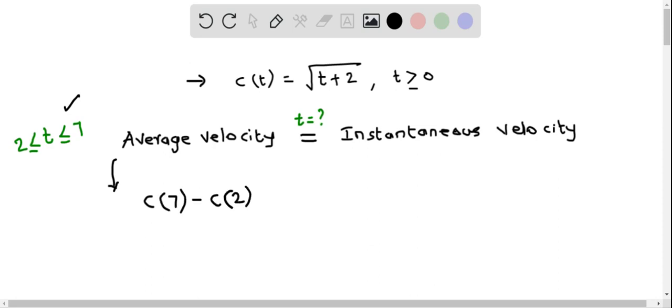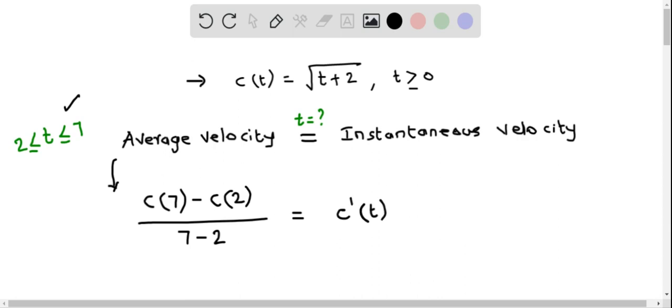This is change in position for the time interval t from 2 to 7 divided by change in time, that is 7 minus 2, and this is basically the average velocity, and this equals instantaneous velocity. Instantaneous velocity is basically the derivative of the position function c of t. So I write down this as c prime of t.